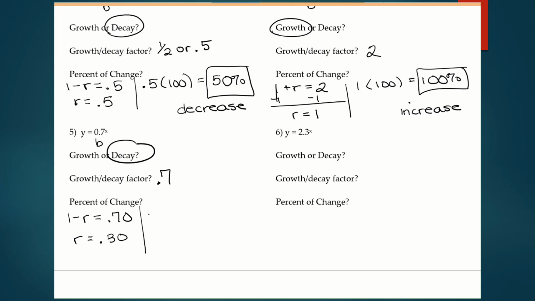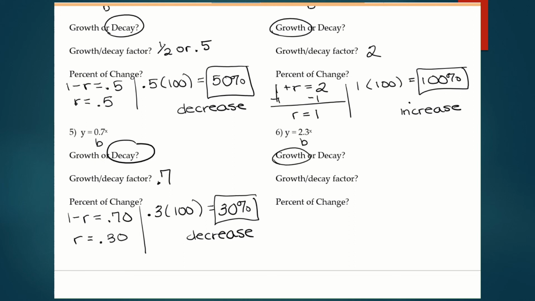So 0.3 times 100 gives us 30%. Now, seeing as this is a decay, it's a 30% decrease, which means with each increase in x, my y values decrease by 30%.